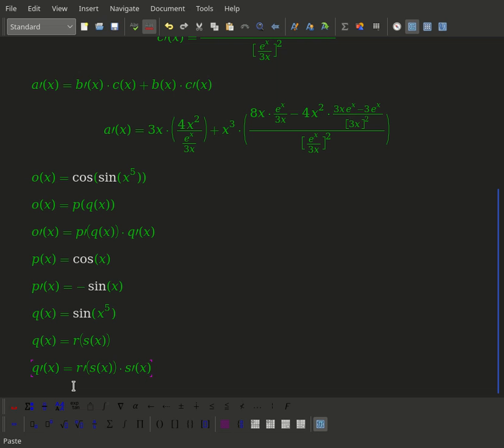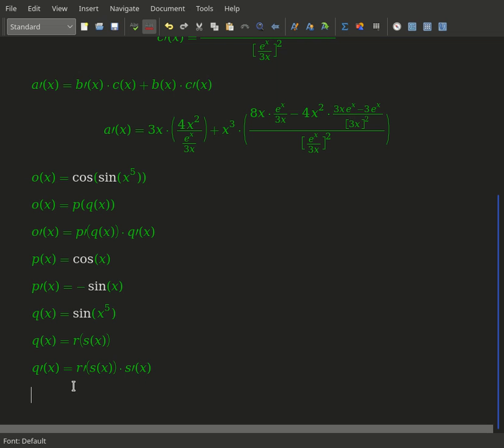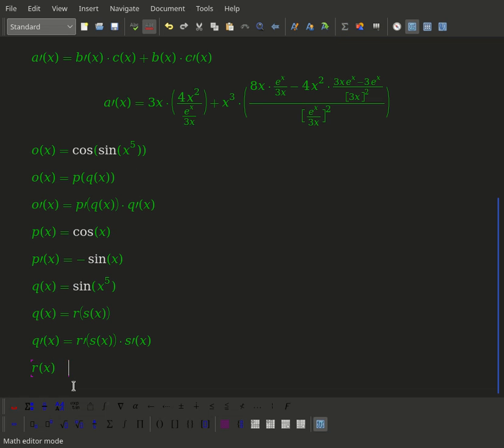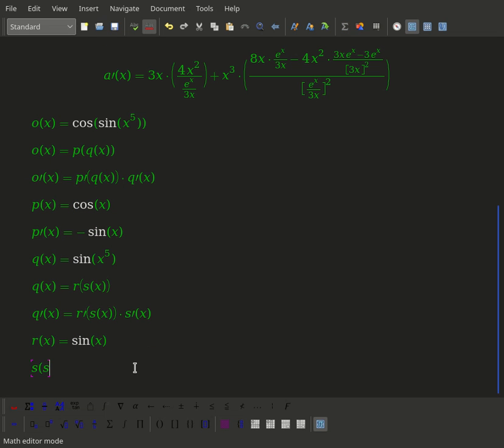It means Q prime of X is R prime of S of X, and so on, right? In this particular case, R of x is sine of x, because that's the outer portion of Q of x, and then the inner portion, which we'll call S of x, is x to the fifth.